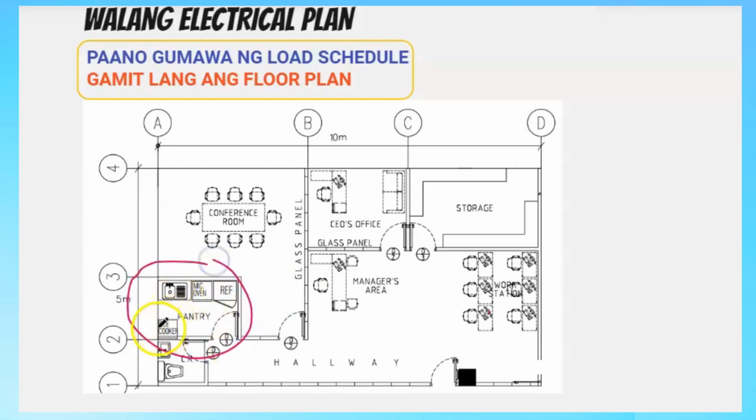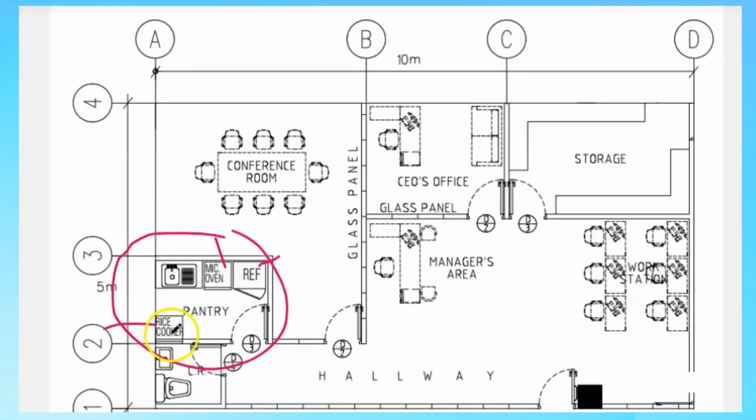So we have a rice cooker. For sure this is actually an electric rice cooker. A microwave oven also consumes electricity together with this ref. Let's zoom. For sure they consume electricity. So let's check how many watts our microwave oven is.